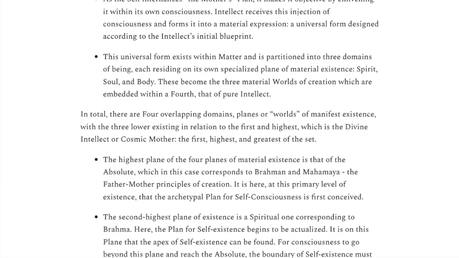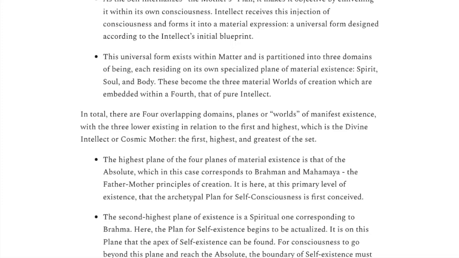These become the three material worlds of creation, which are embedded within a fourth, which is that of the pure intellect, or the pure source of matter, this idea of mind existing as this receptive principle of the self. So in total, there are four overlapping domains, planes, or worlds of manifest existence, with the three lower existing in relation to the first and highest. And that first and highest level is the divine intellect, or the cosmic mother. So she's the first, highest, and greatest of the set of four.